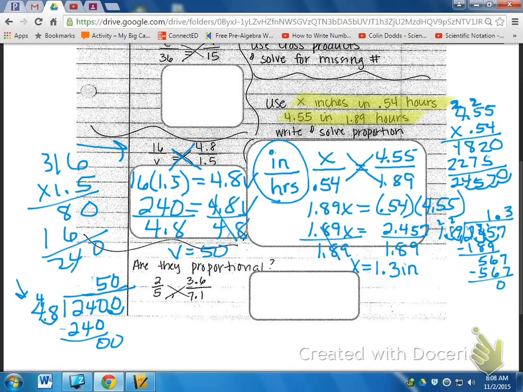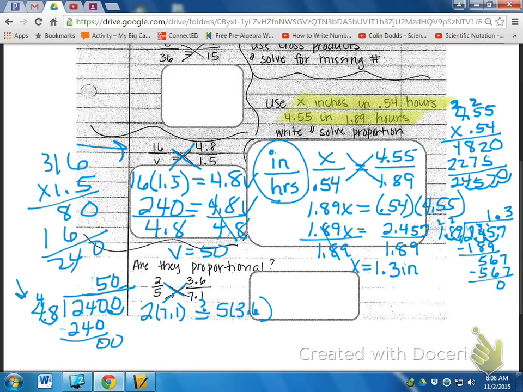Last thing is they're going to ask, are they proportional? So we're just given two fractions here. Are they proportional? So basically, do the cross product rule. Cross, cross. So 2 times 7.1. Check and see if it's equal to 5 times 3.6.